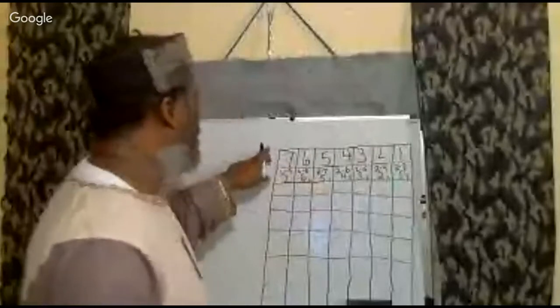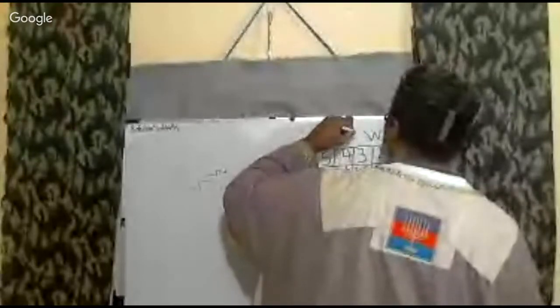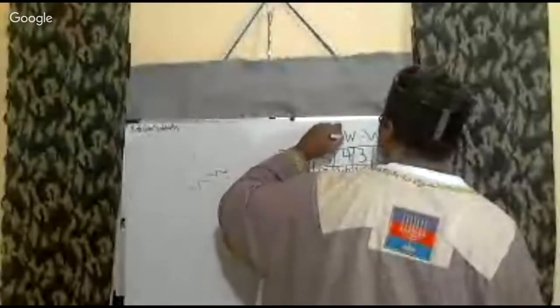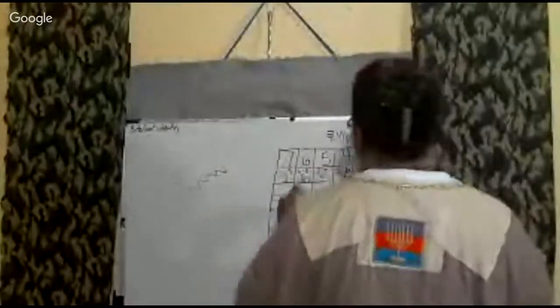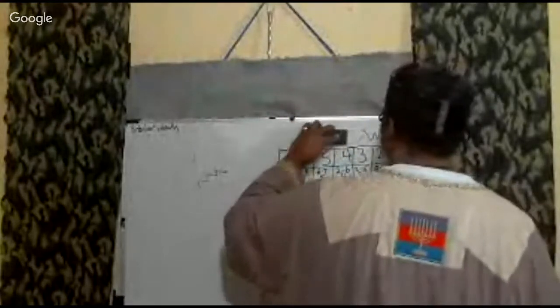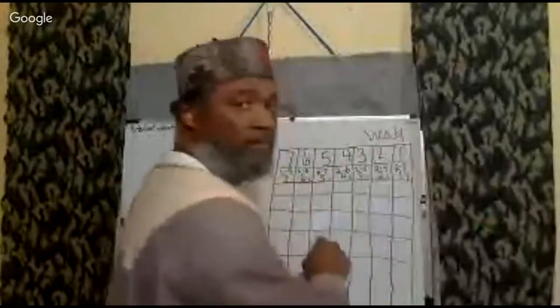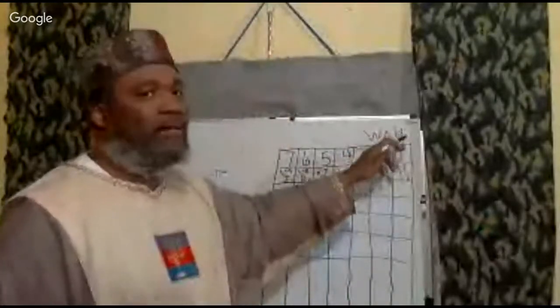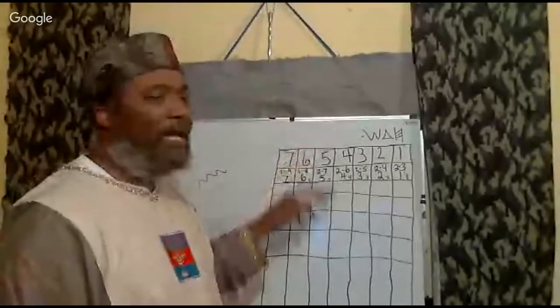The last day of the week is always over here on the left side, because in Hebrew, we begin to write from right to left. We begin on the right side and we end on the left. That's how we do the Hebrew counting.